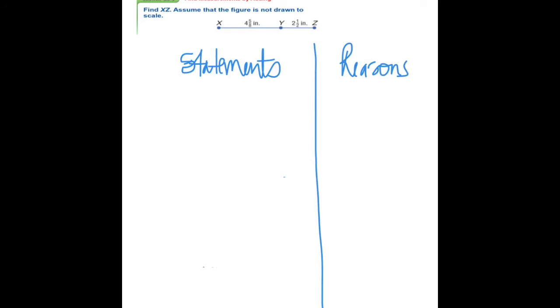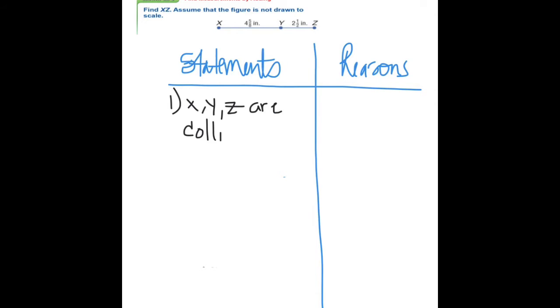All right. So statement number 1. Well, I can look at that figure and I know that x, y, and z are all in a straight line, so that means that they are collinear.